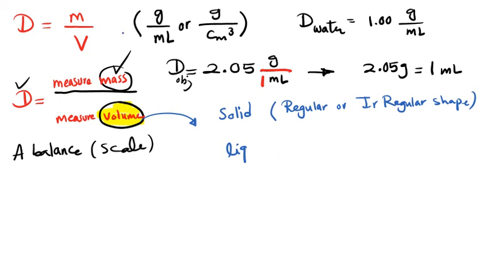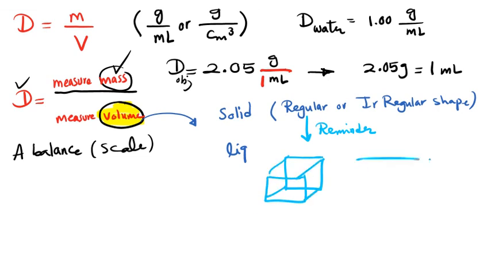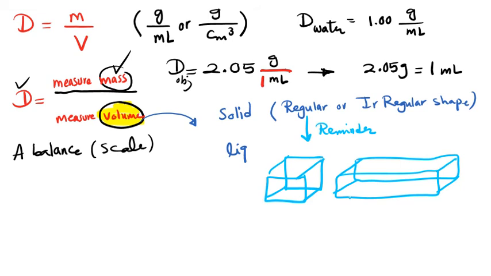For regular shaped solid, this is a reminder. I'm sure all of you watching this video remember that for a regular shaped solid like a cube, assume that this is a cube, or a rectangular cube, we have a formula to measure the volume.